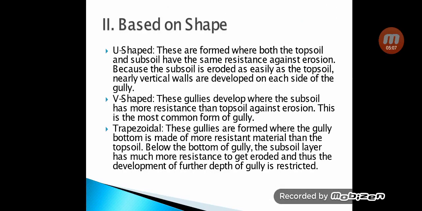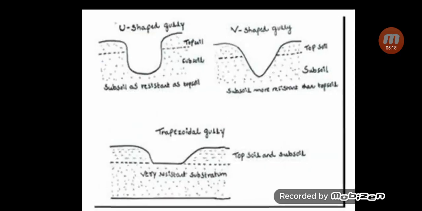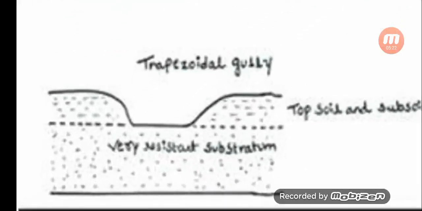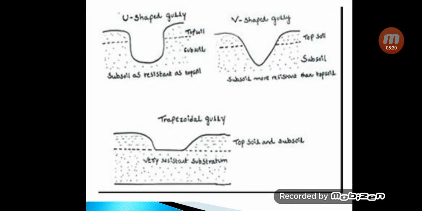The third type is the trapezoidal shaped gully, in which the gully bottom is made of more resistant material than the topsoil. You can see the substratum gully bottom does not erode at all. It is plain, there is no erosion. That's why it is very resistant to erosion. In this case, the trapezoidal gully is formed.